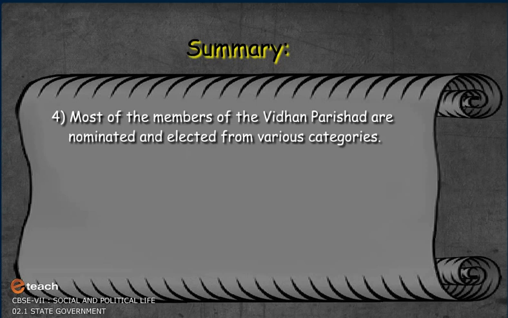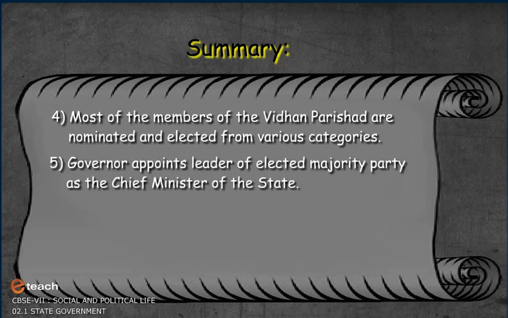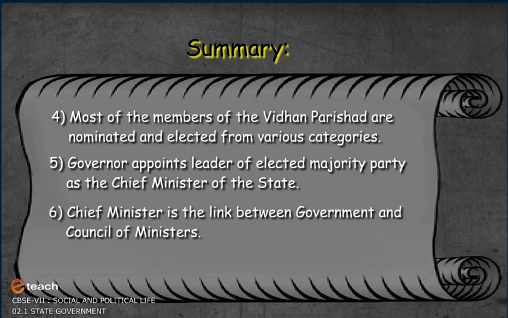Most of the members of the Vidhan Parishad are nominated and elected from various categories. The government appoints the leader of the elected majority party as the Chief Minister of the state. The Chief Minister is the link between the government and the Council of Ministers.